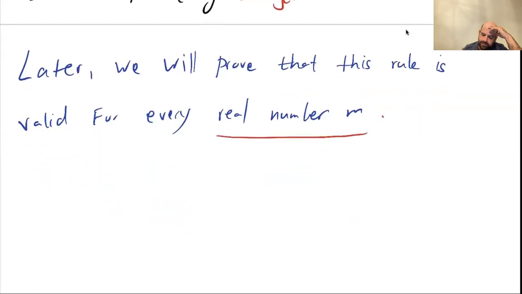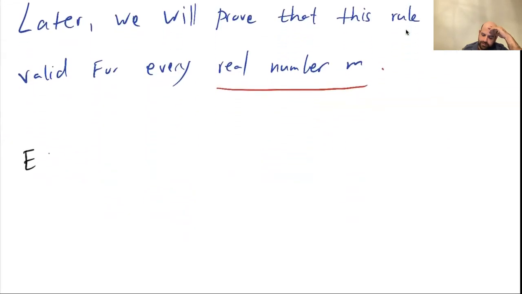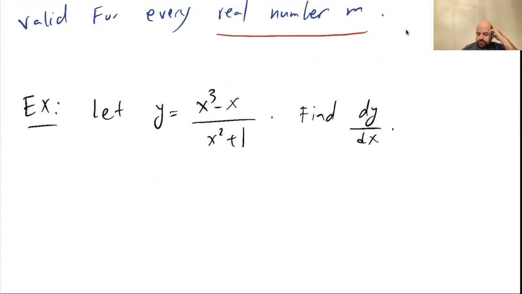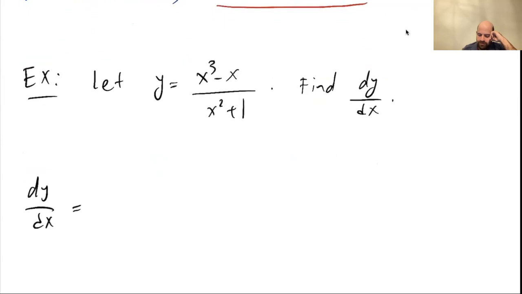All right, so let's look at another example. Let y equal, let's say, x cubed minus x divided by x squared plus 1. Find dy to dx. So how can we find dy to dx here? dy to dx is equal to the derivative of top, which is x cubed minus x, times x squared plus 1.